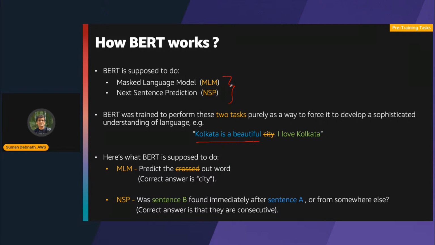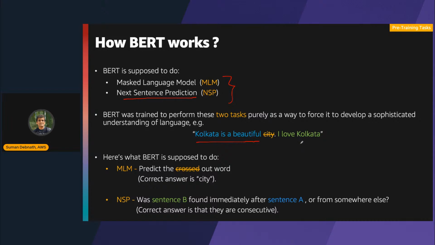The first problem is, given a sentence, BERT has to predict a missing word in the sentence. The next problem, next sentence prediction, is that you give two sentences, and BERT has to figure out whether the two sentences come one after another or not. Let's say you give two sentences like this: Kolkata is a beautiful city, I love Kolkata.